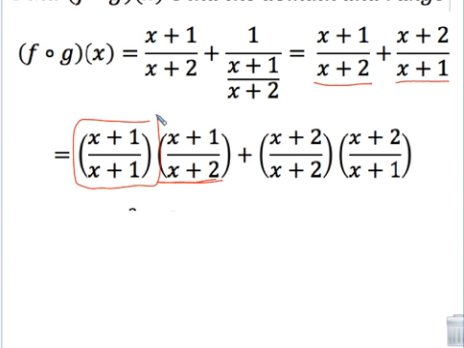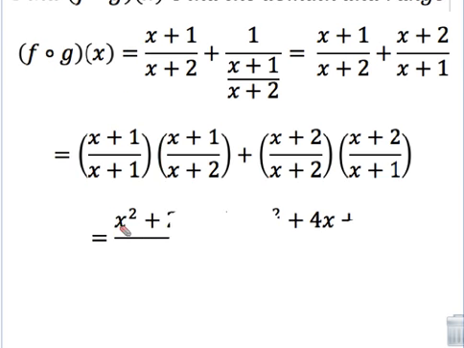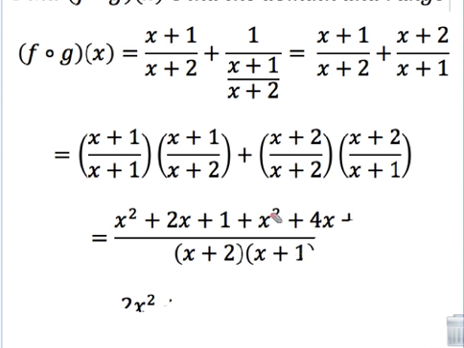This is equal to 1, so really all I'm doing is multiplying it by 1, but I'm changing the denominators. And then for our second fraction, we want the denominator multiplied by x plus 2, so we have x plus 2 divided by x plus 2. Once we get our common denominators, we get this solution.